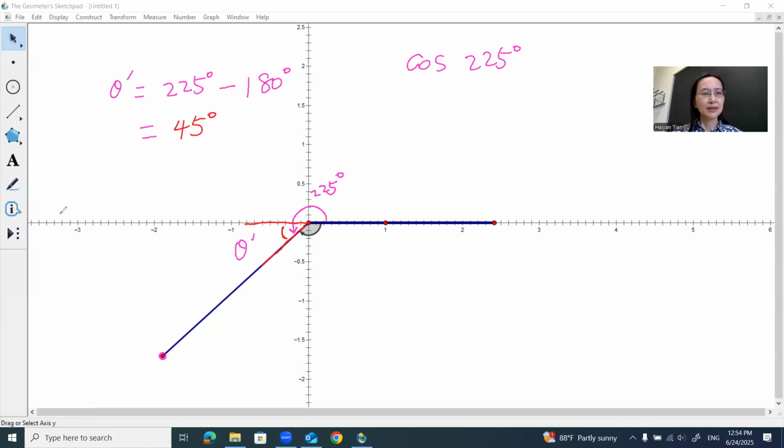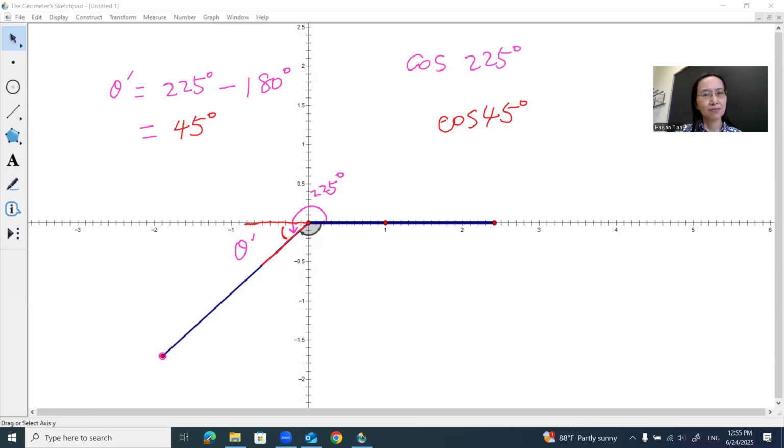So now next, can we write cosine 45 degrees as the value of cosine 225 degrees? And be careful, because a 45 degrees angle is an acute angle. The trig functions are always positive for an acute angle.